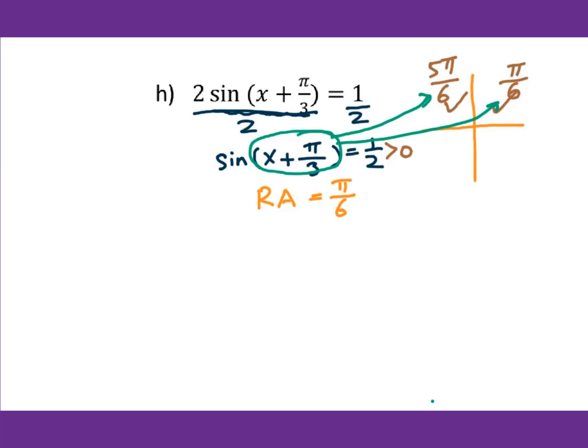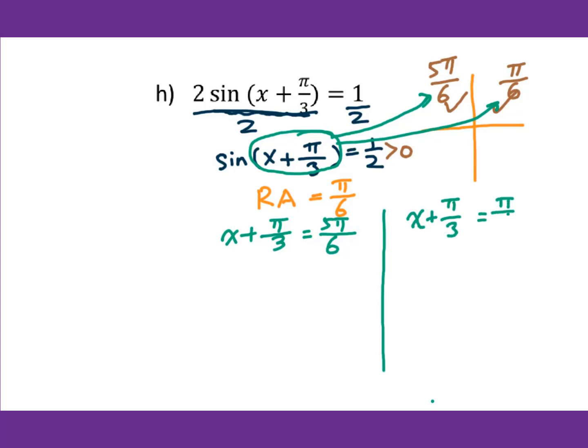Therefore, we will set up the equation as x plus pi over 3 equals 5 pi over 6, and x plus pi over 3 equals pi over 6.